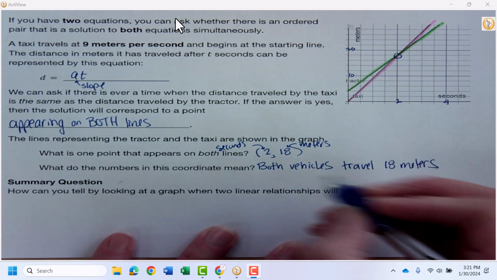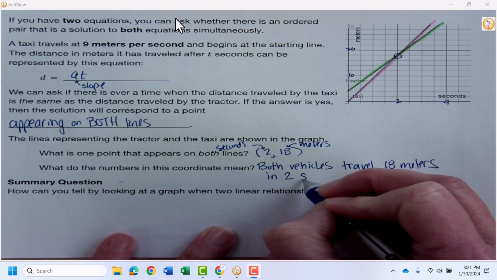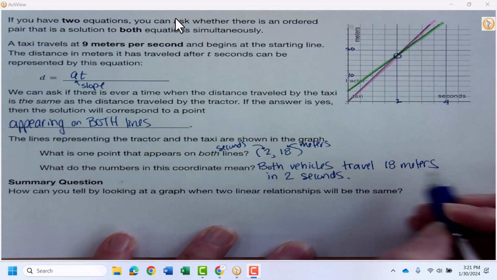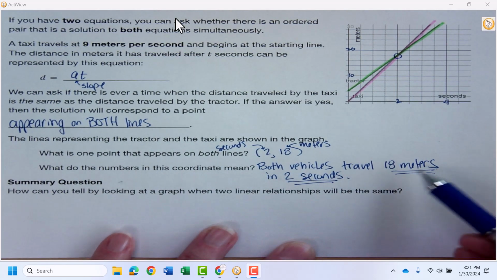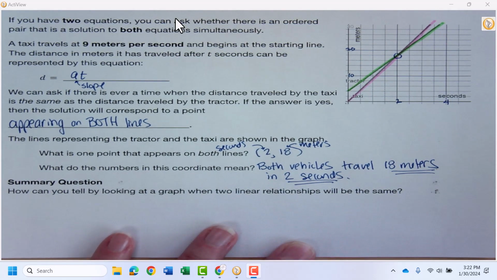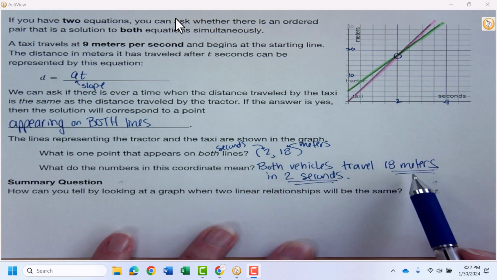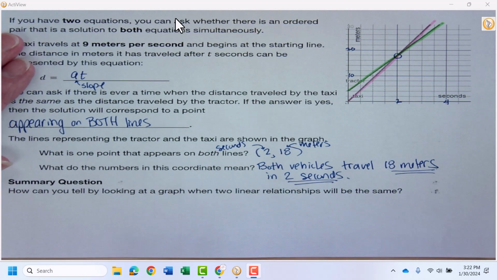In 2 seconds. Whenever we interpret a solution, we have to make sure we include numbers in a complete sentence. So I've explained what the 2 represents with 2 seconds. I've explained what the 18 represents with 18 meters. And both vehicles travel 18 meters in 2 seconds.